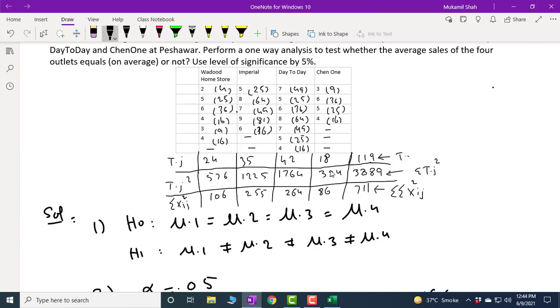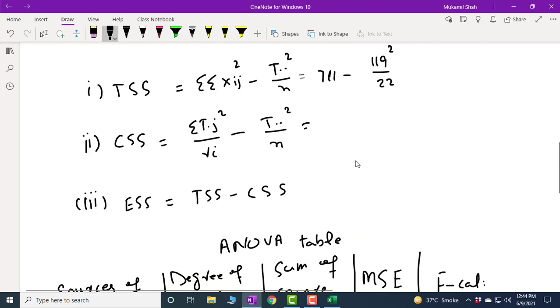And similarly, you should take the last value, and it should be divided by the number of rows in the last column. The number of rows in the last column is equal to 4. So how can we do that? Look at this.